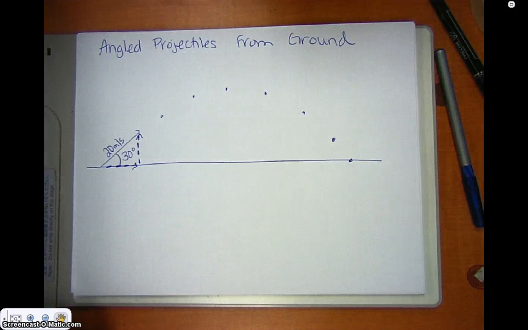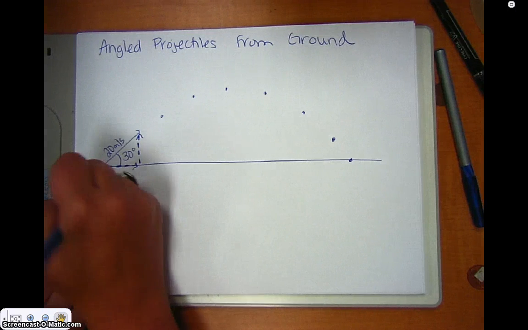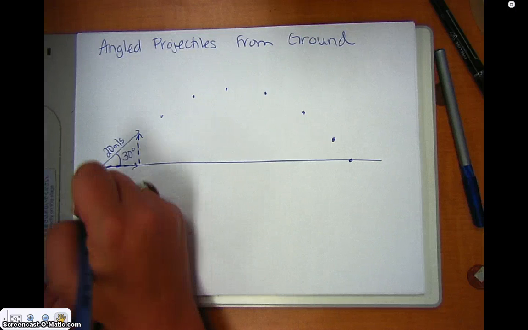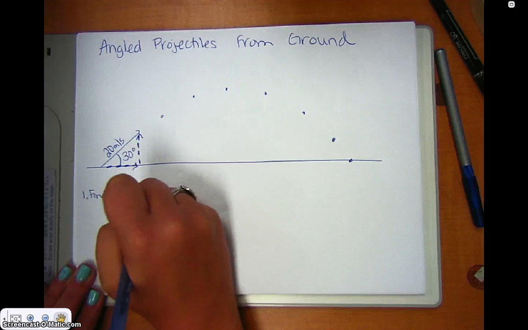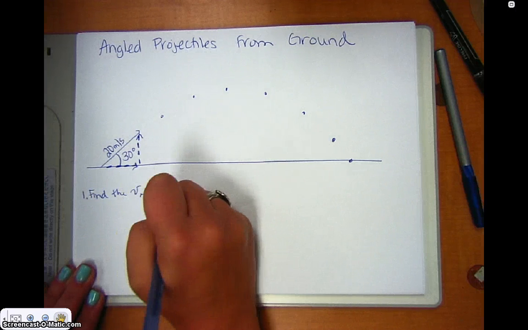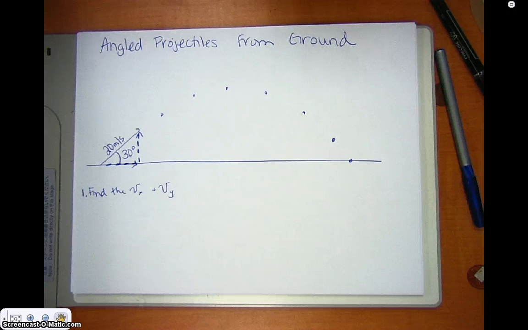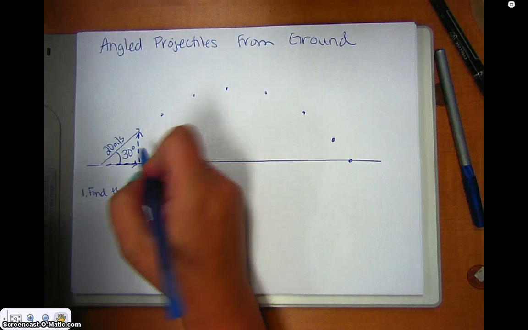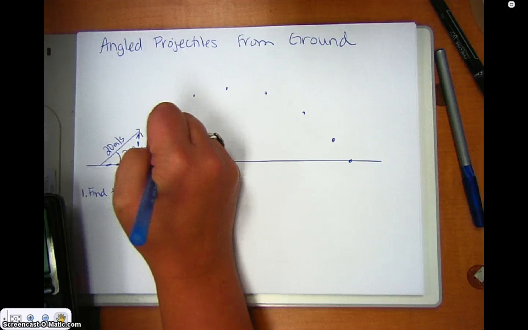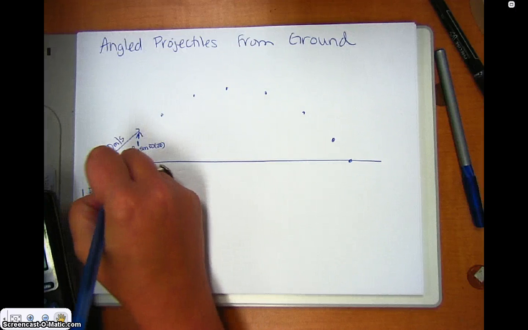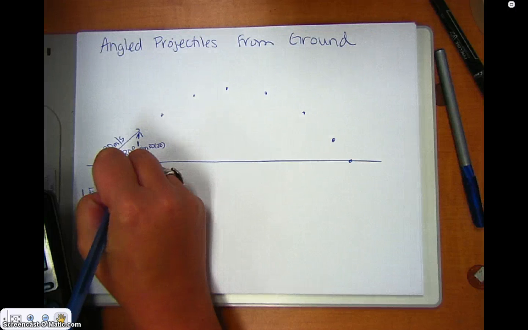So we would start every angled projectile problem by finding the velocity in the x direction and the velocity in the y direction. For this side, we've got the sine of 30 times 20, and on this side, we have the cosine of 30 times 20.